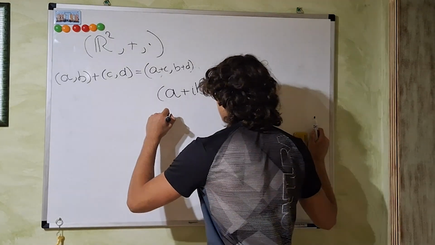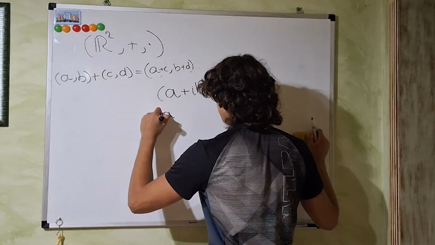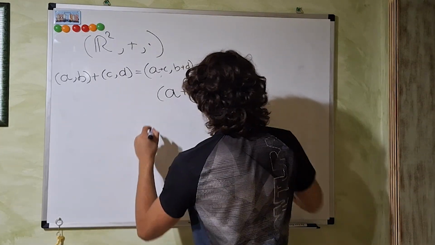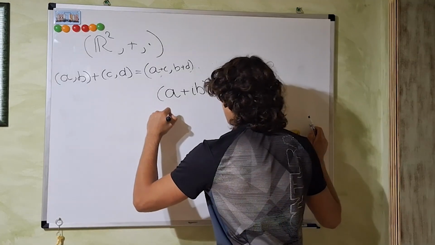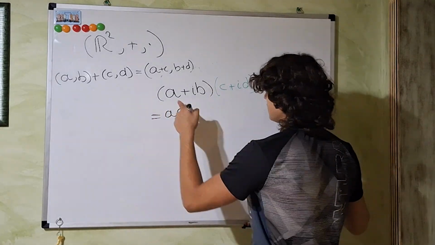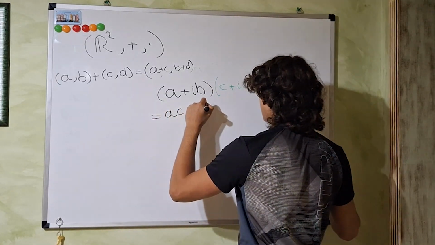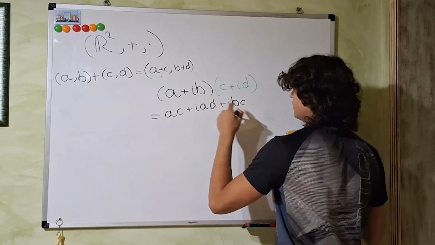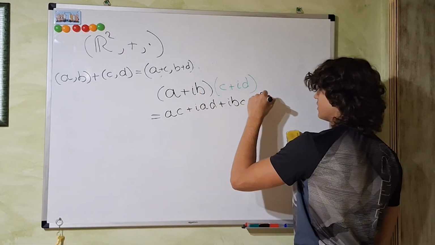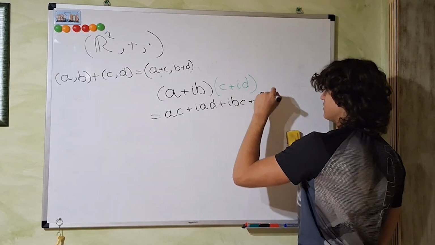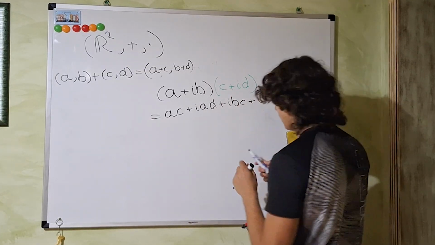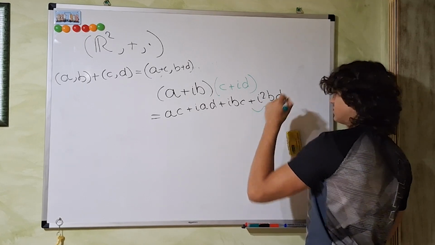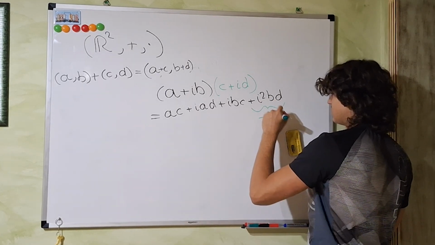So this is A, let me put the i in front, let's start with C. So AC plus iAD plus iBC plus i squared BD, because i times i is i squared. Now, recall that i squared is minus 1, so this term becomes minus BD.